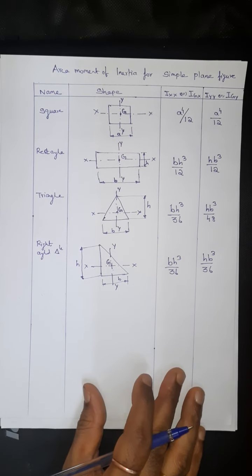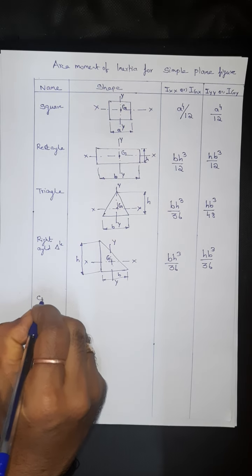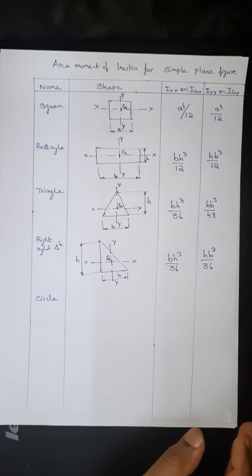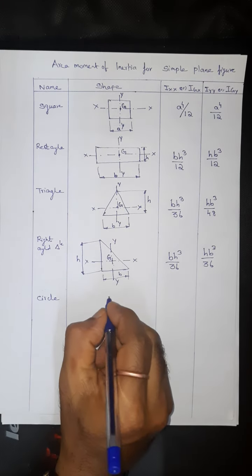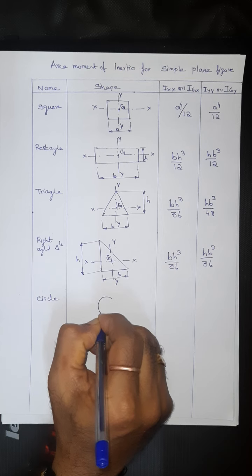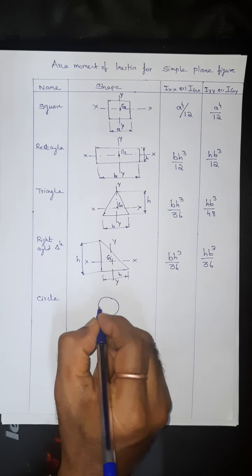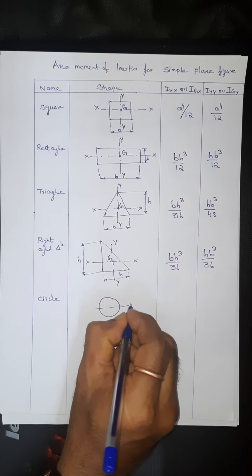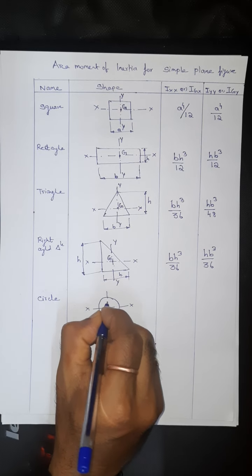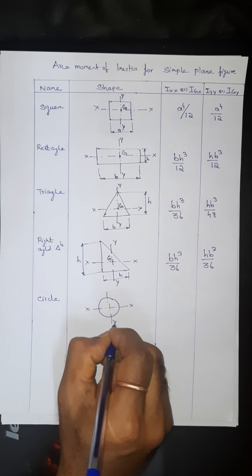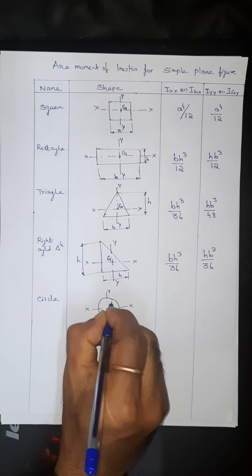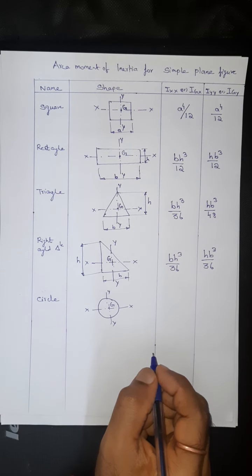Okay, so the next one is circle. The shape of the plane figure is circle. So let me just draw a circle, and its horizontal axis as XX and its vertical axis as YY, and the intersection point as G, right?